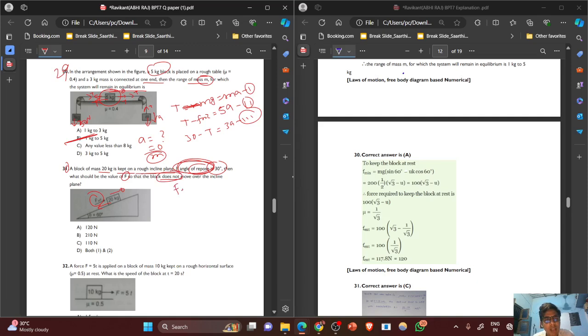If you want it not to move, net force will be 0, so your friction will be balanced by gravity, meaning 20 g sin 60 will be equal to mu N, cos 60. But we don't know the coefficient of friction, mu, here. So what can we do from here?